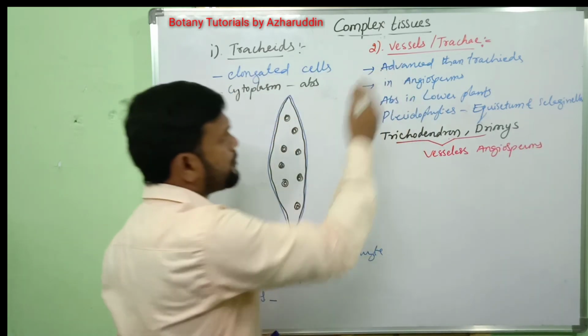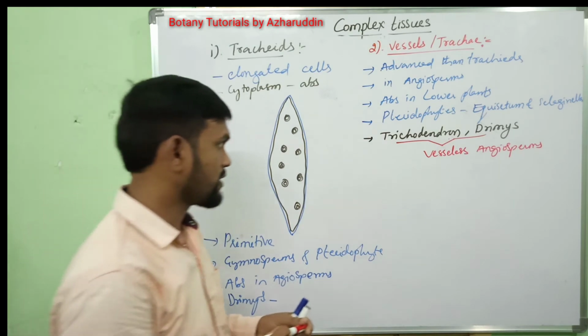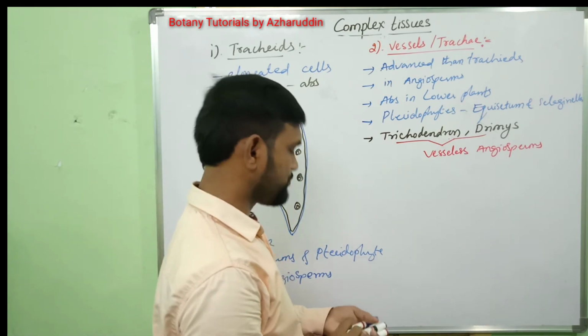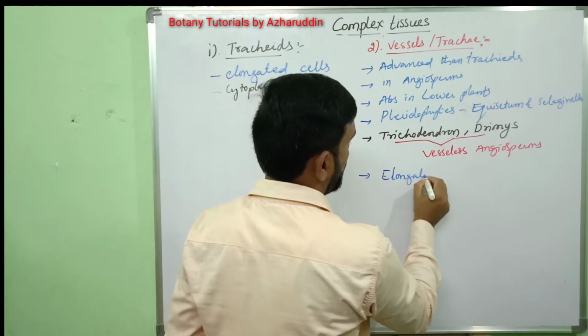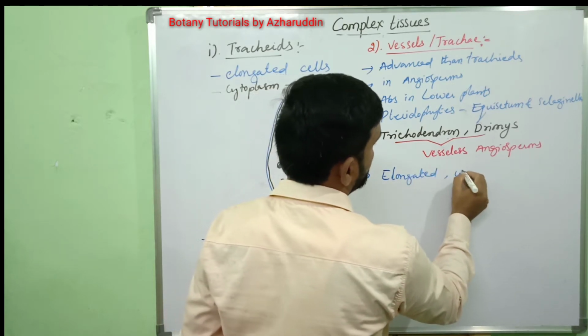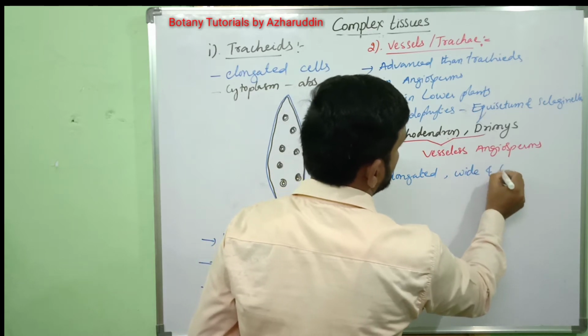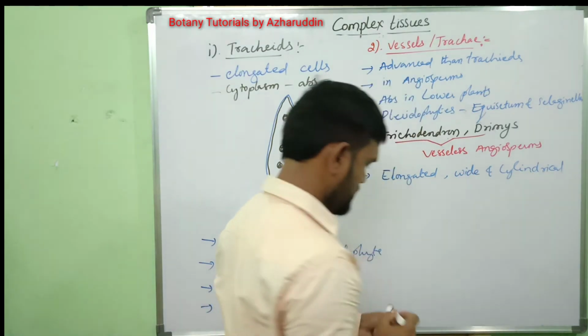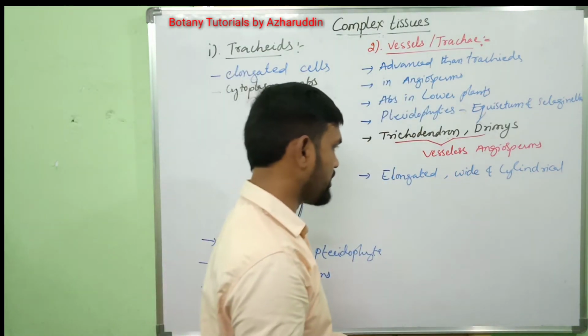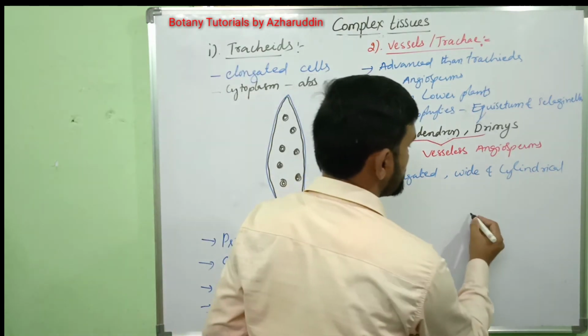Next, coming to the structure of vessels. They are elongated, wide, cylindrical structures. I am drawing the diagram here. This is a vessel.